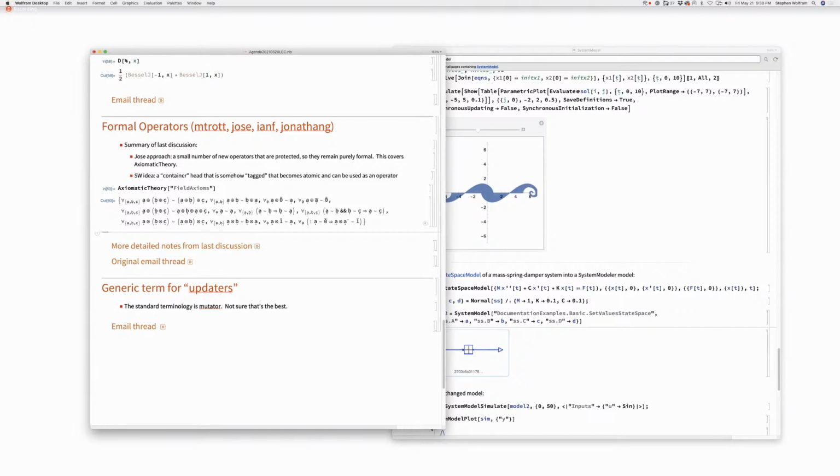Well, that was Jose's idea, and you thought that was too limited. You thought there was a much more general issue and wanted this big discussion. So Jose's idea was just to have a class of new symbols, just like we have formal letters of the alphabet, to have formal things for our various infix operators.